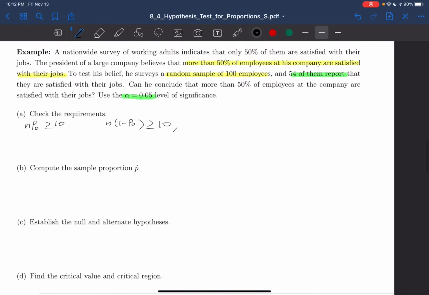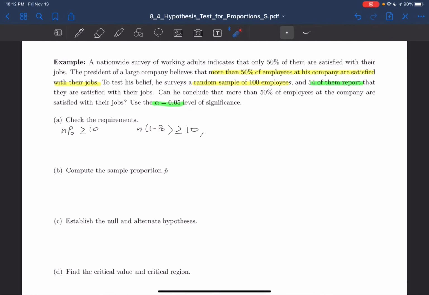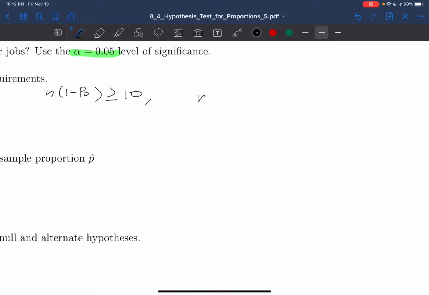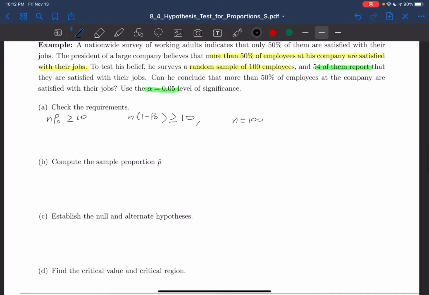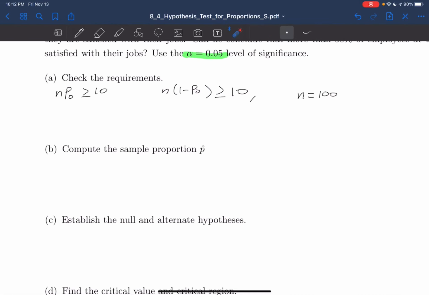Notice that n here is our sample size, and we know that we had a random sample of 100 employees, so our sample size n is 100. The tricky part here is, what is p naught? Well, p naught is the value we're testing, what we're using in our hypothesis testing.